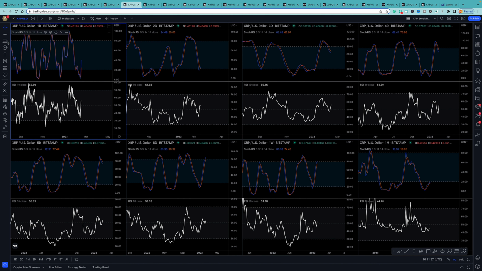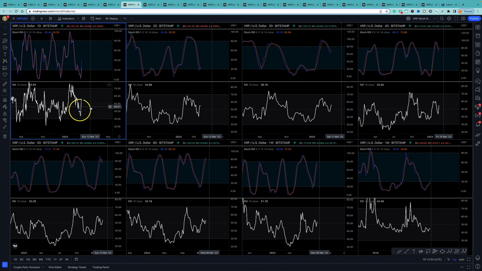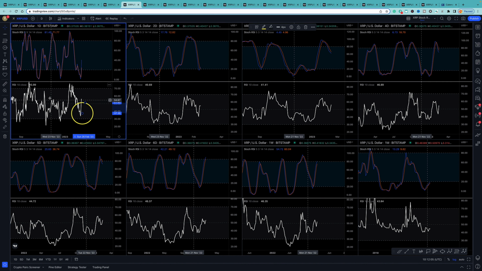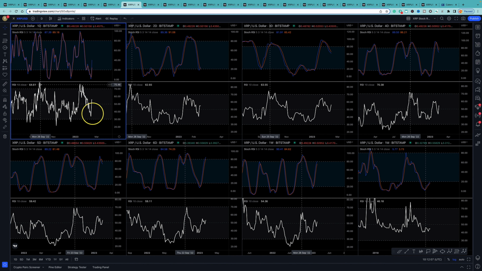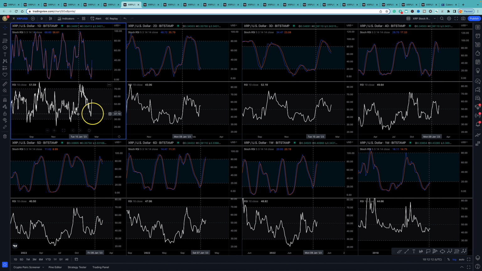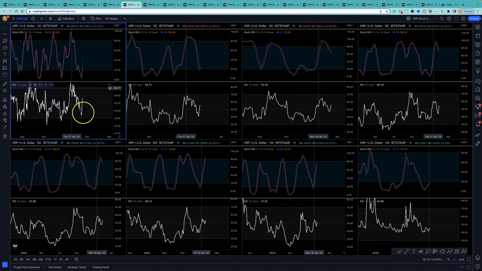I did point out before, this is the last thing I'm going to say, is the RSI on the daily hasn't bottomed yet. I was suggesting the other day that we get this drop here, we get this lift up here, and then there's this dump. And potentially this is what we're looking at the same. We've got this drop, we get this lift, and then we get this dump.